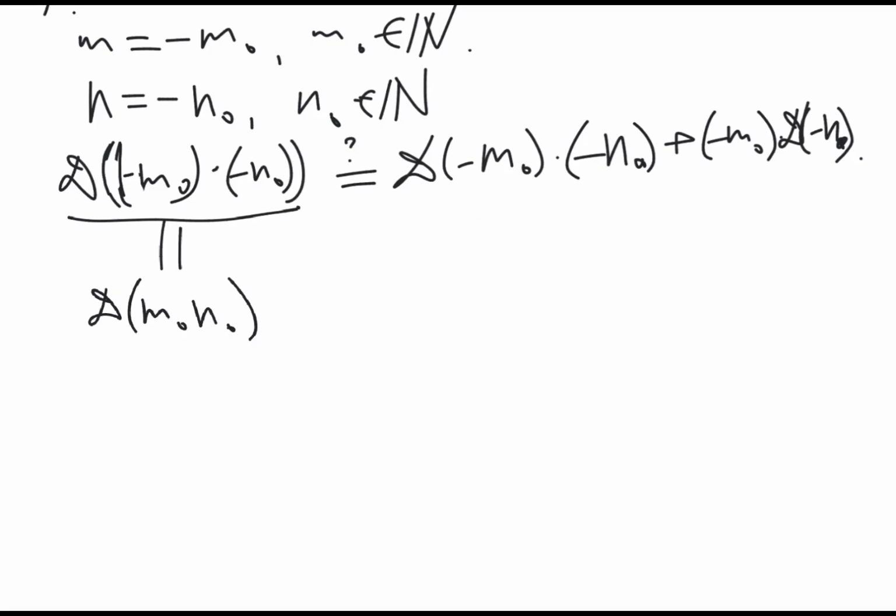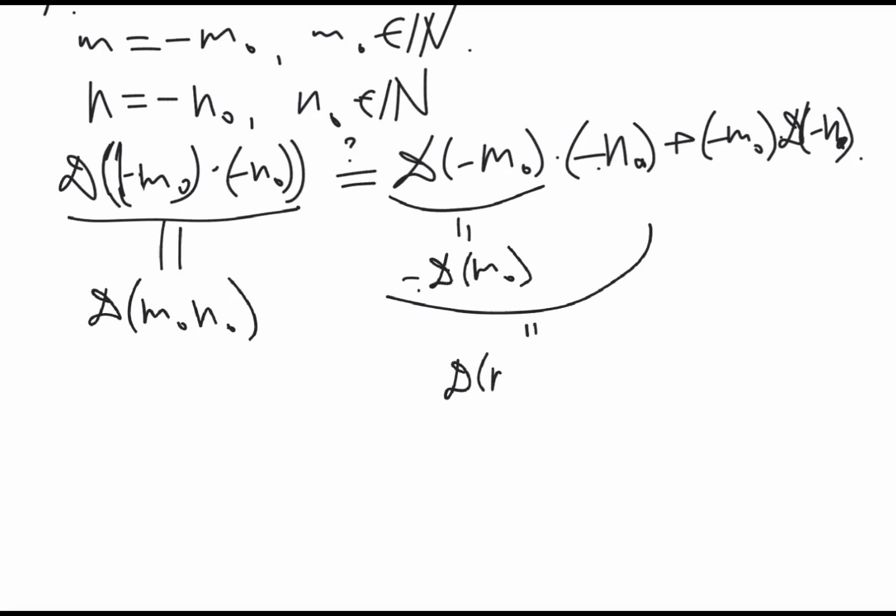Let's do it in more detail. This is equal to minus d of minus m0 n0... that is, the two minuses cancel each other, so we have d of m0 multiplied by n0.